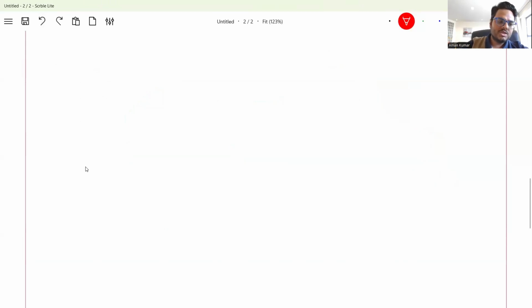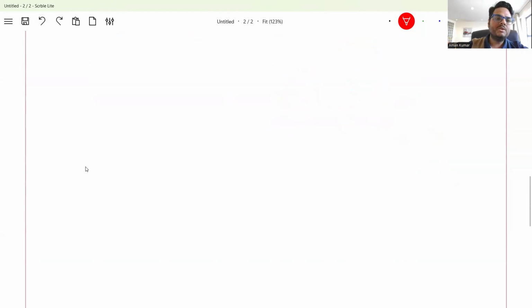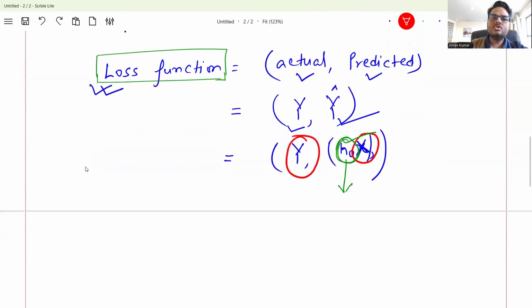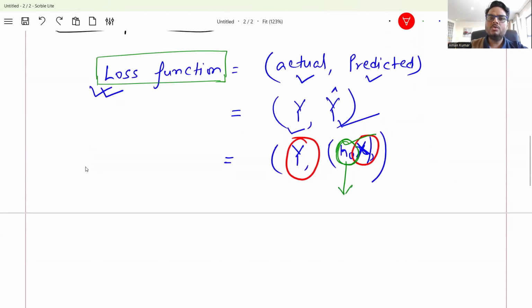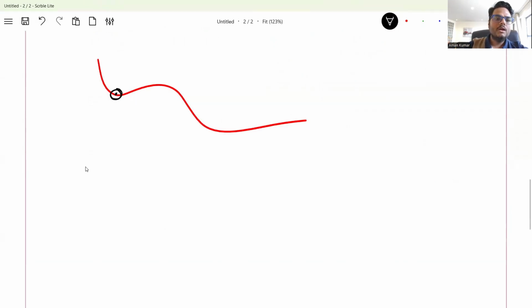Now let's move one more step and see how we will optimize the parameter value. For optimizing the parameter value, we have to start from somewhere, right? So, for example, suppose somebody asks you what is the optimal value of h naught. You don't know, but you need to start from somewhere. If you start at one point in this curve, which direction should you move in?